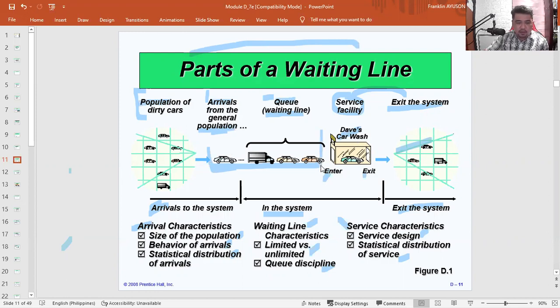And entering and exiting our service facility, and of course, exiting the system. So in general, you have the arrival to the system, in the system, and exit the system, wherein we'll talk about different arrival characteristic, the waiting line characteristic, and of course, the service characteristic.